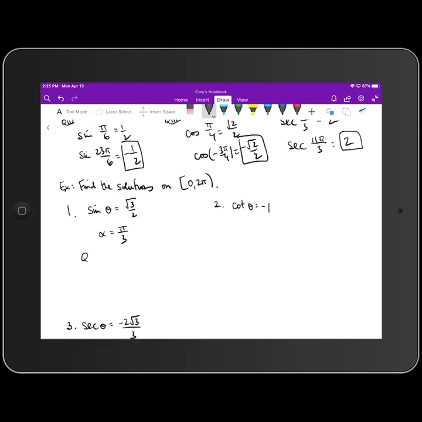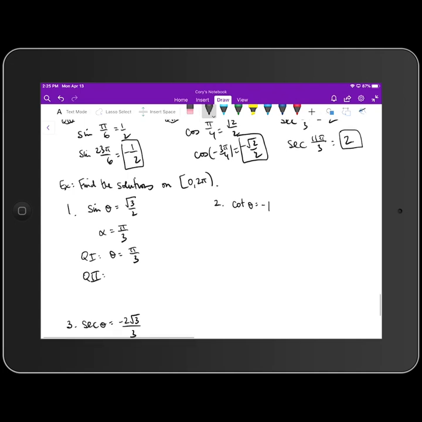So we want to find the angles in those two quadrants that have a reference angle of pi over 3. The angle in quadrant 1 is just the angle itself, pi over 3. The angle in quadrant 2 is pi minus the reference angle pi over 3, which gives us 2 pi over 3.